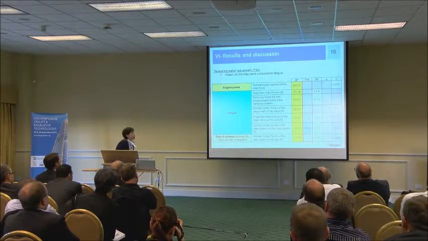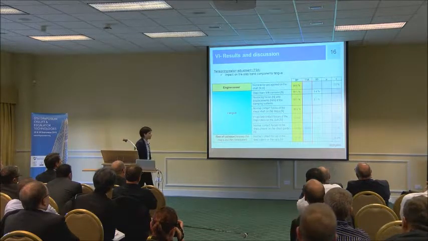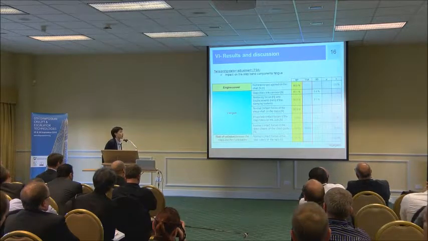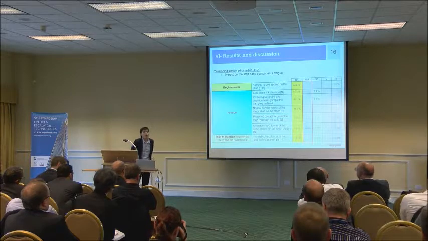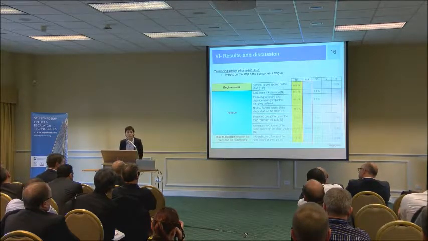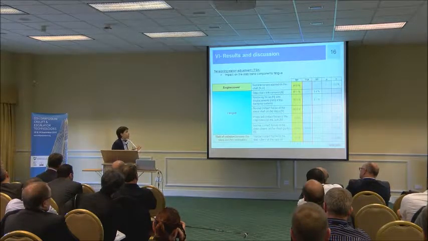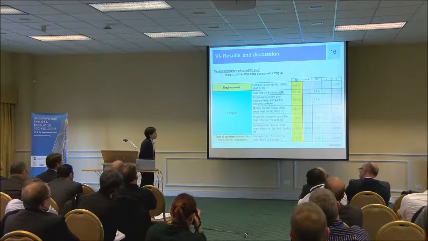So the tensioning station adjustment: if we look at the table, the only impact it has is on the chain guide fatigue, which is quite a weak result. The reason for this is that during our design of experiments, the values that were set to this parameter fitted the manufacturer's requirements.